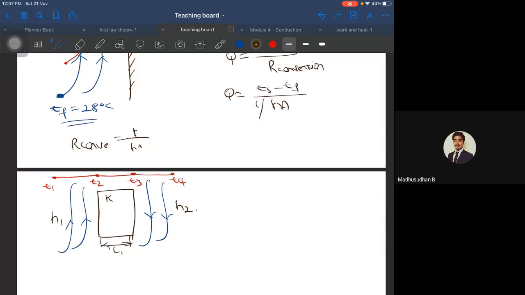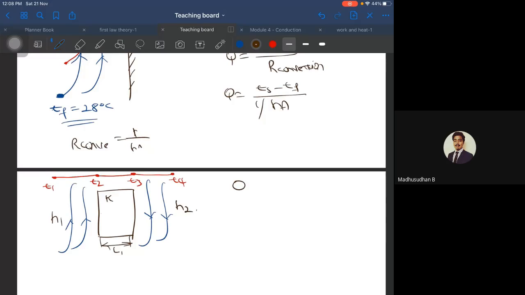Now, I say the temperature is increased from T1 to T4. I want you to calculate the amount of heat that is getting transferred from T1 to T3 in a single shot. How do you do it?